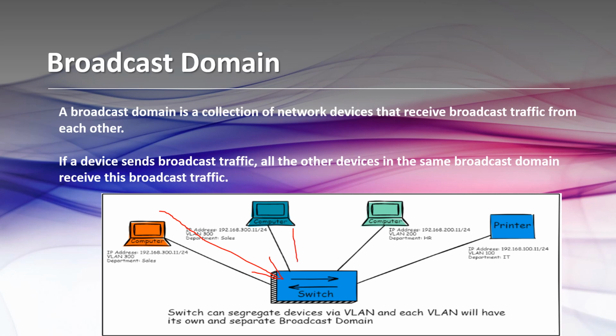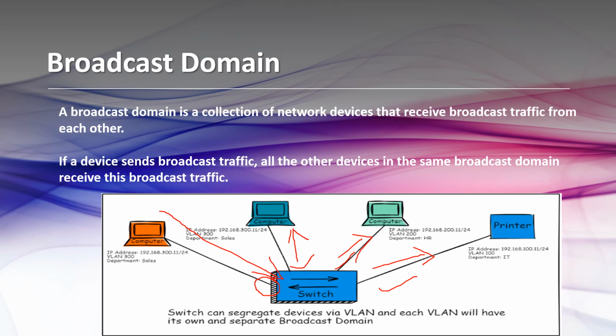It broadcasts to all other devices connected to the switch on the ports apart from the port that received the broadcast message. So it will not send it to this port, it will send it to all other ports. This is called a broadcast, and each VLAN belongs to a different broadcast domain. We can discuss VLANs in an upcoming session.